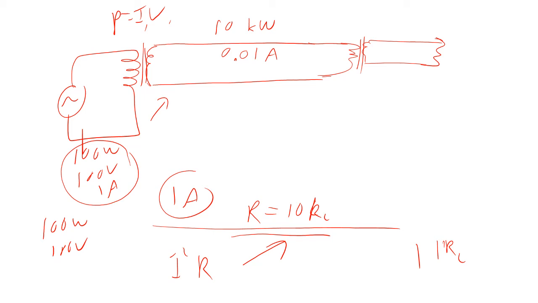Well, I squared R means if you decrease the current by 100, you decrease by 10,000 the amount of power dissipated in those wires. And then you have a step-down transformer that goes from 10 kilovolts down to 100 volts, so that's back to 1 amp. So now we get 1 amp over here, which gives us the current and power we expect on the load. So that only worked with AC.